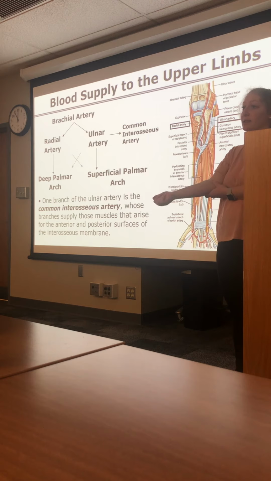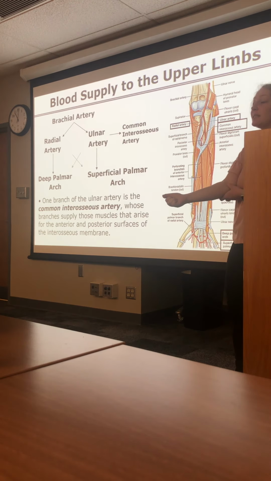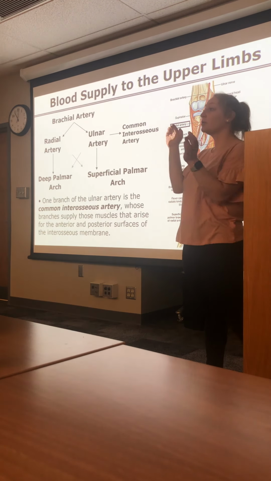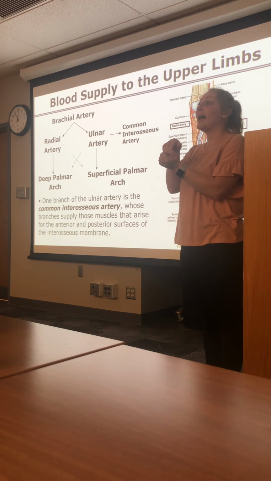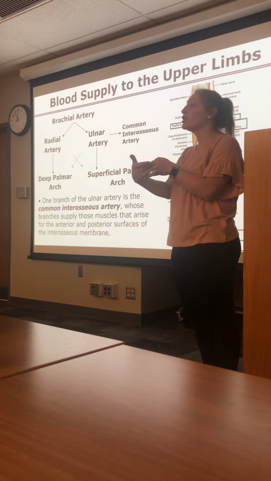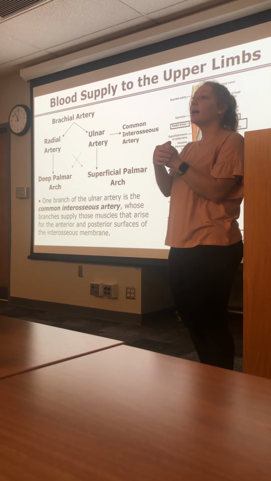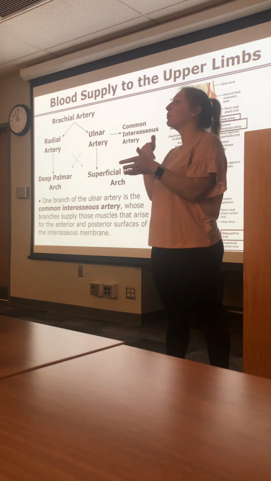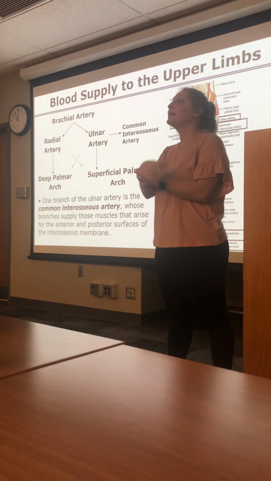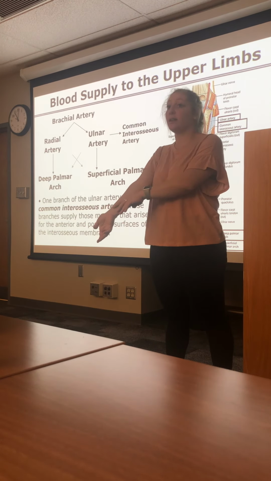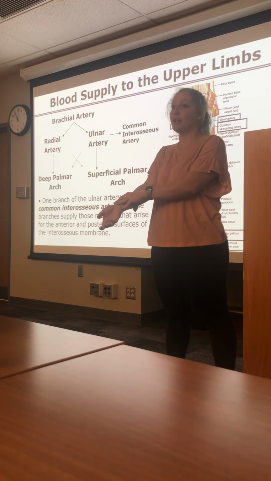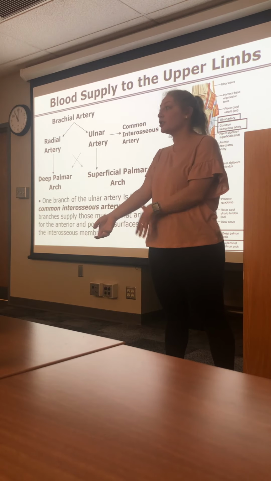Do you guys know what an anastomosis is? It's basically where two arteries come together, and it serves for protection and collateral circulation. So if there's a block in a vessel, you can reroute blood up or down to get out distally, so that you're not losing blood flow to the tissue. Okay.